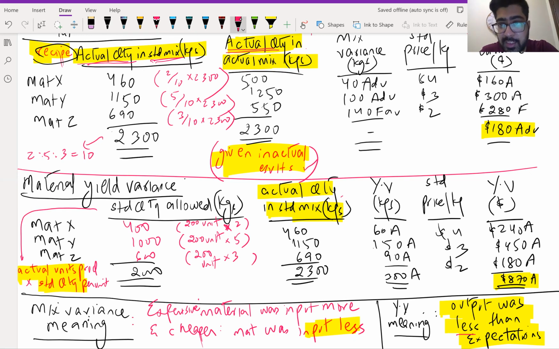Out of all these three, the expensive are these two, and this is cheaper. Both of the expensive materials are input more than the recipe: in place of 460, 500; in place of 1150, 1250. The cheaper one is input less. So when expensive is more and cheaper is less, it is adverse. And in the previous example, when expensive was less and cheaper was more, it was favorable.